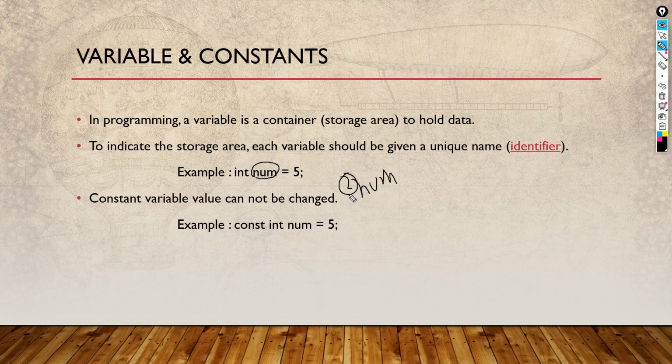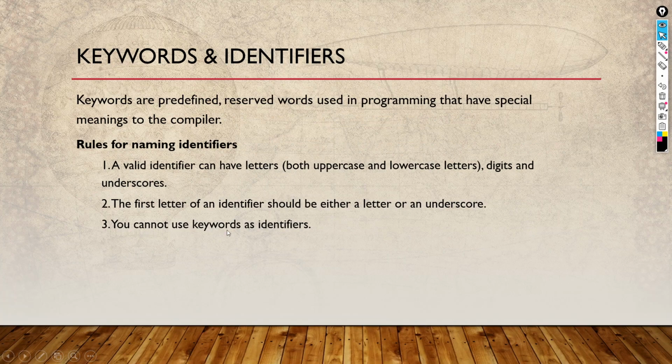We cannot write 2num, 8num like that. And one more thing, we cannot use a keyword as an identifier. Why? I've already told you that a keyword has some predefined meaning. We cannot use any keyword as an identifier, okay?